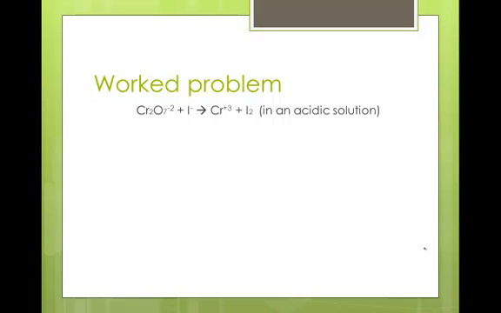What we're going to do is figure out the oxidation numbers of these particular substances, atoms, or ions. So I'm going to show you, for example, iodine is worth -1, because there it is, and I2 is 0. So it went from -1 to 0.